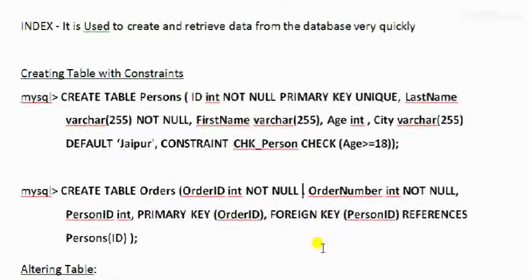So both of these fields are identical. Person ID of the child table, that is orders, is identical to the ID field of persons, that is the parent table. Clear? So tomorrow we will see more about it.